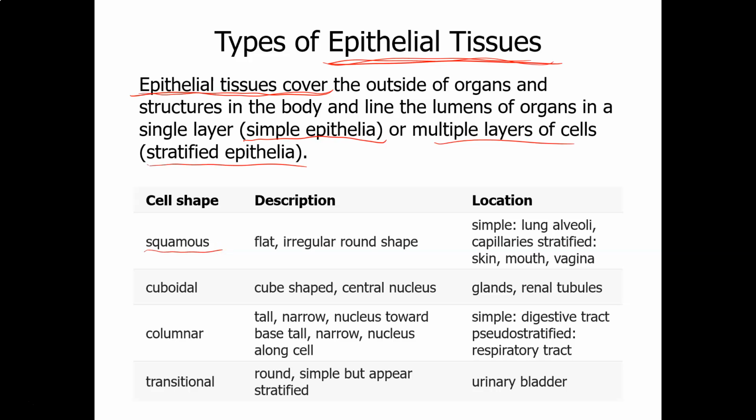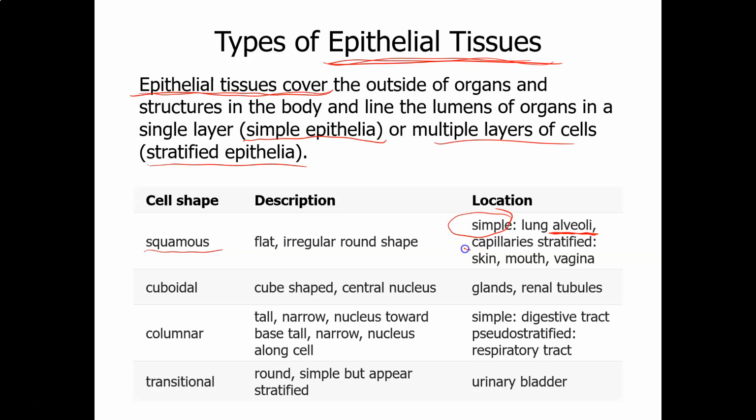We find simple squamous epithelial tissue is the thinnest, most delicate epithelial tissue that there is. So you're only going to find that in areas that are well protected. For example, the air sacs, alveoli of your lungs, they're microscopic little tiny air sacs, and they are composed of simple squamous epithelial tissue.